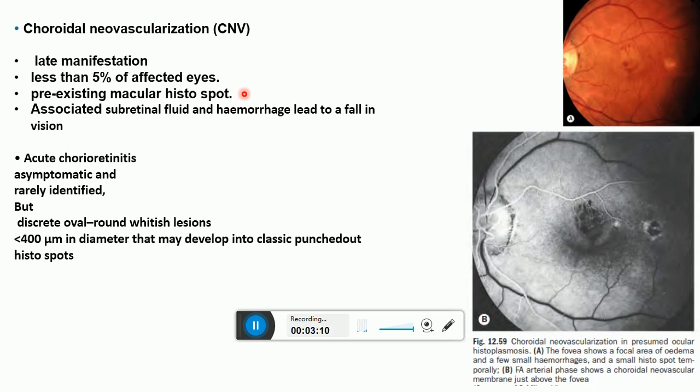Subretinal fluid and hemorrhage lead to a fall in vision. So this is choroidal neovascularization. The fovea shows a focal area of edema and a few small hemorrhages. And this is fluorescein angiography. The arterial phase shows a choroidal neovascular membrane just above the fovea.